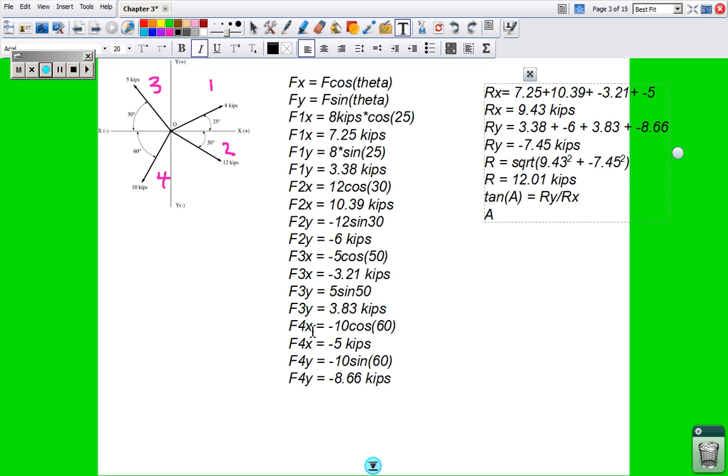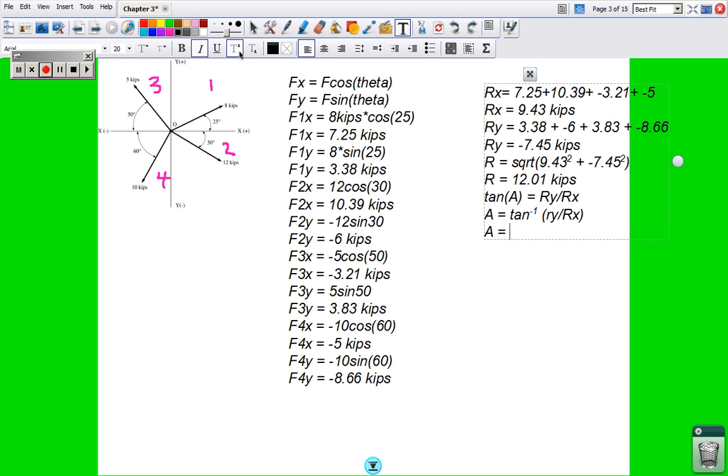So A is equal to the arctan of Ry divided by Rx. Ry was 7.45.